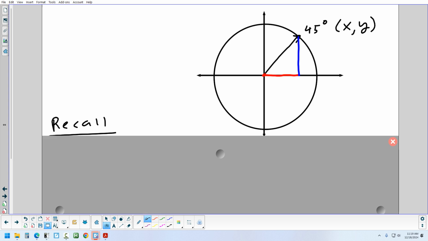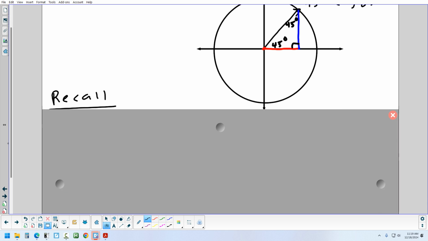All right, so now that's my 90. That's a 45, because the hypotenuse is tilted at a 45-degree angle. What's the angle at the top? 45. Why is that one also 45? Because the right triangle has a 90-degree angle, so overall it's 180 degrees. Right.